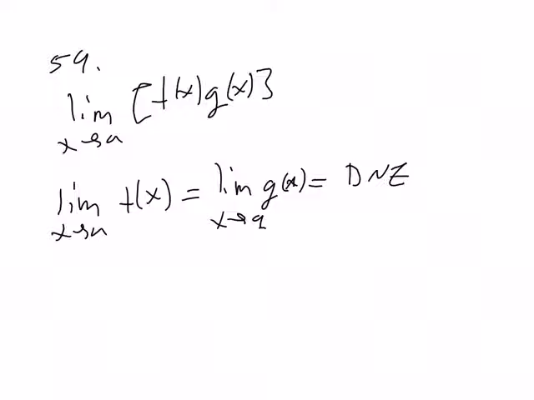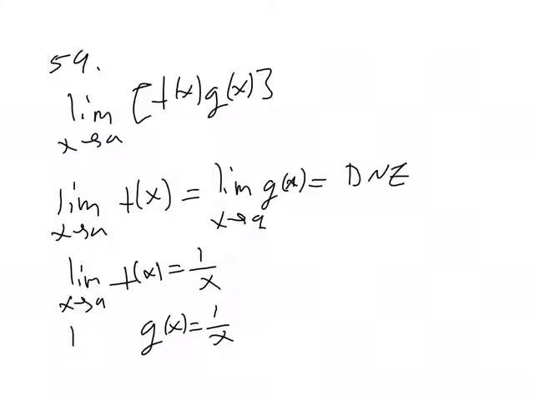So if we take f of x to equal 1 over x and g of x to also equal 1 over x, we get that the limits for both of these as x approaches 0 do not exist.